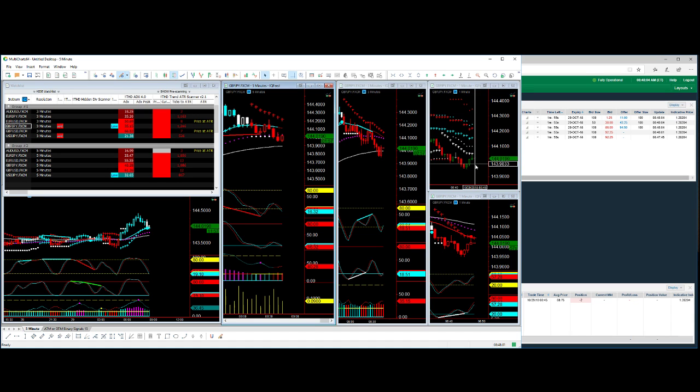Well, I want this white ATR to be below price, probably around 96 or 97. It's probably going to take at least one more 5-minute bar, maybe 2.